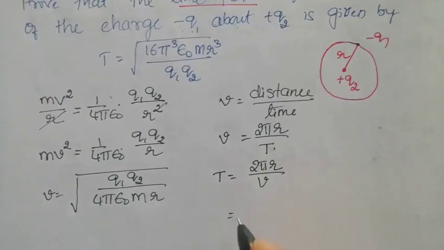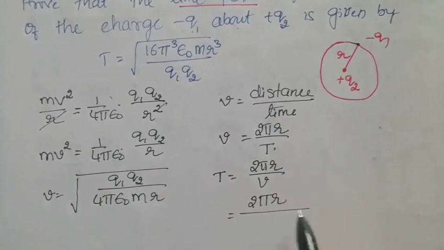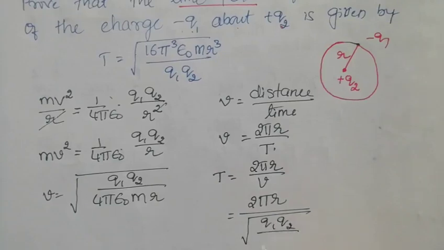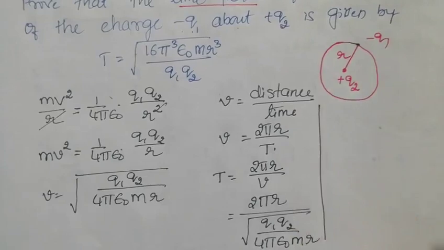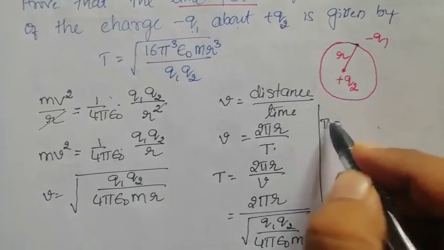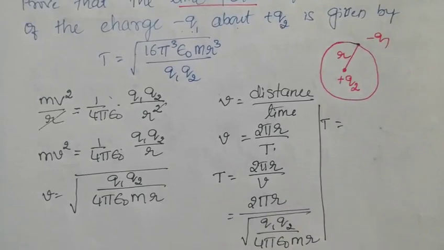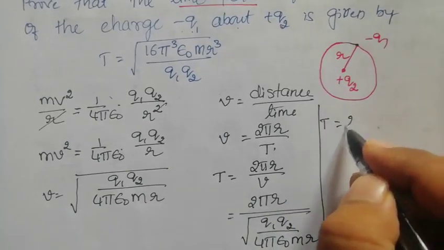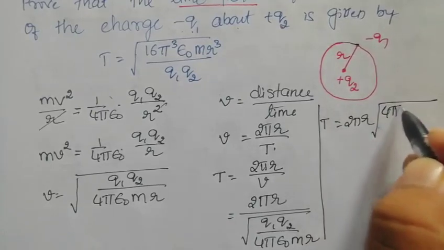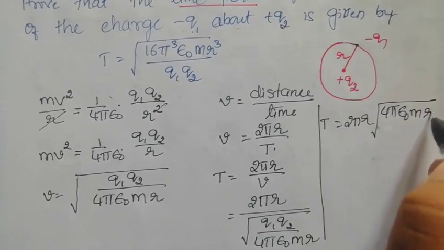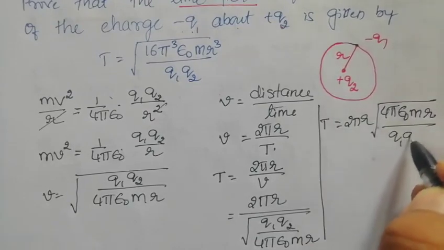Let us insert the value of v we got previously: 2 pi r divided by v, that is root of q1 q2 by 4 pi epsilon naught m r. If you send this 2 pi r into the root, the numerator becomes 2 pi r into root of 4 pi epsilon naught m r divided by q1 q2.